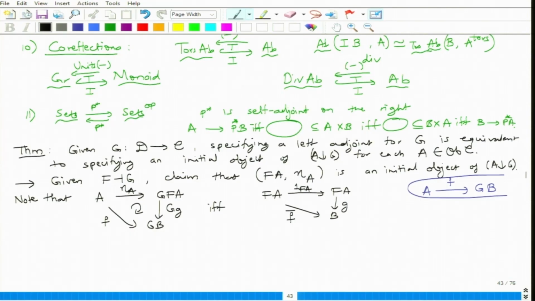F is a morphism from A to GB, and its adjoint map is FA to B. We are calling it F bar. But whatever happens, this diagram commutes if and only if this diagram commutes.